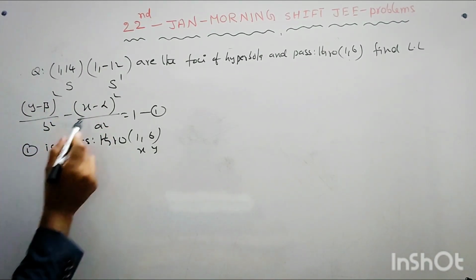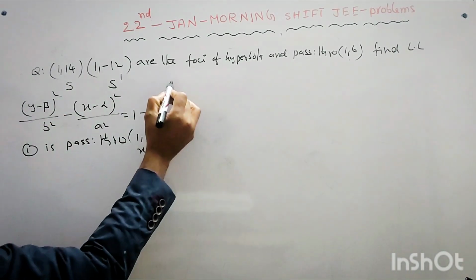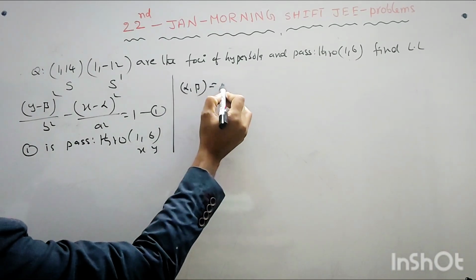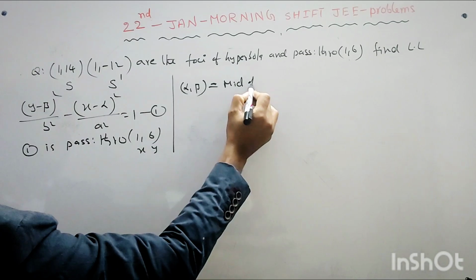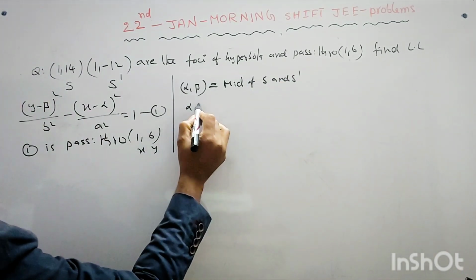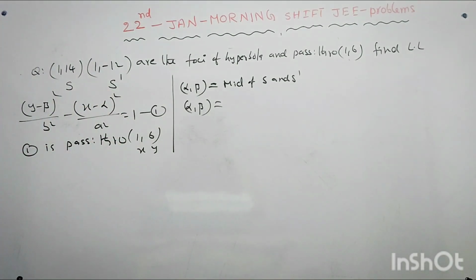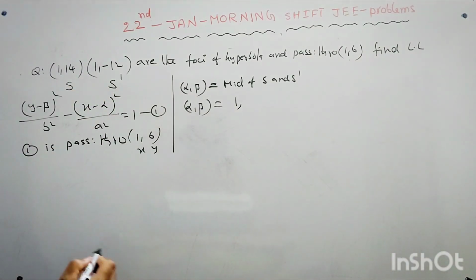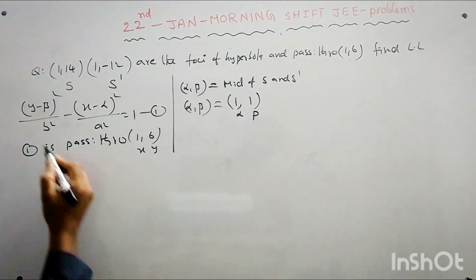Alpha comma beta is nothing but the center of the hyperbola, which is the midpoint of S and S dash. So alpha comma beta is the midpoint: (1 plus 1) by 2, that is 1. After that (14 minus 2) by 2, that is 6. This is alpha comma beta, substitute here.